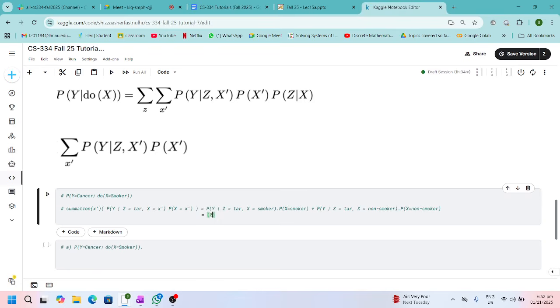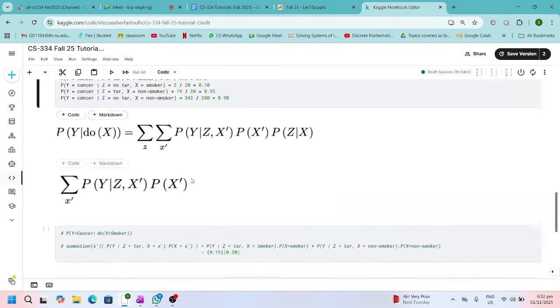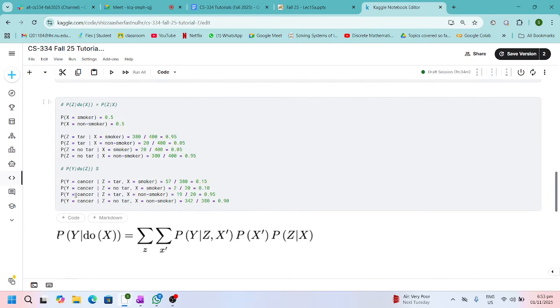So 0.15 multiplied by the probability that X equals smoker, and we know that the probabilities of smoker and non-smoker were both 50-50%, plus the probability of Y given Z equals star, comma, X equals non-smoker. We have found this too. This is what I was looking for.